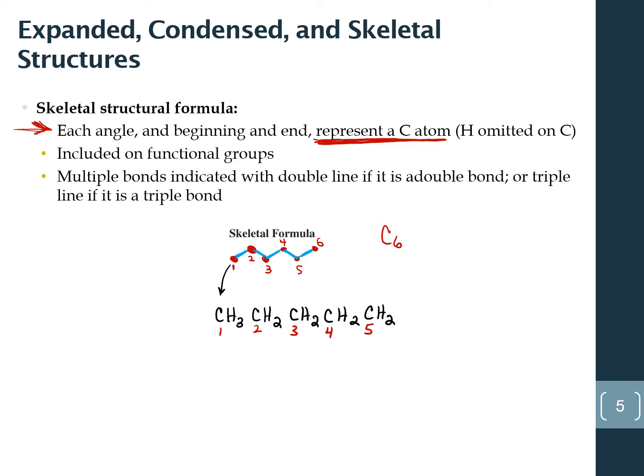Now for carbon number 6, what you have is just one chemical bond. Carbon number 6 is bonded to carbon number 5, nothing else. From your formula, you don't have any other chemical bonds.